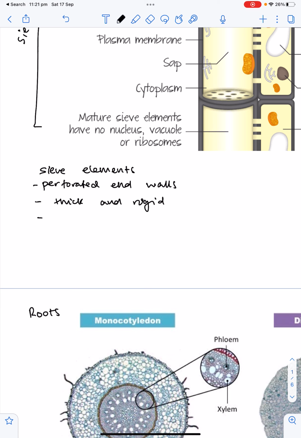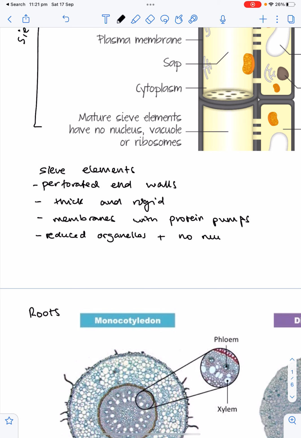They have membranes with protein pumps. They have a reduced number of organelles and no nucleus.